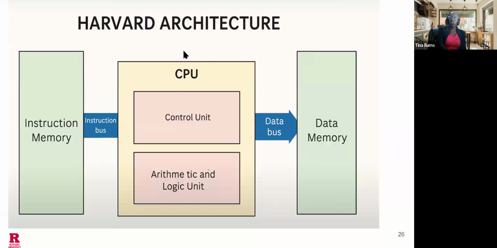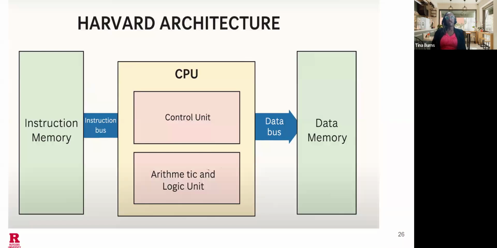But if I look at the Harvard architecture, which I mentioned previously in week one, it is very similar to the von Neumann. The difference is that it has two memory buses. One is for the data and one is for the instructions.